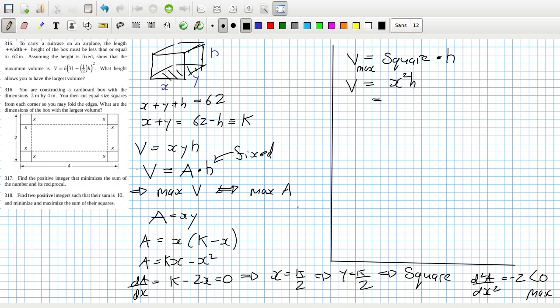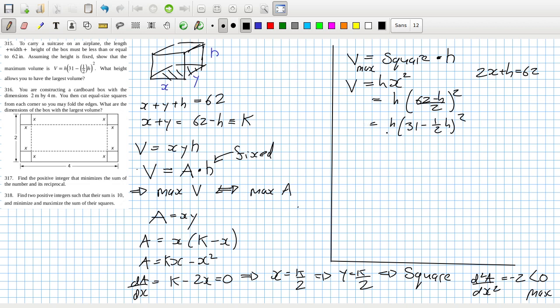So we have 2x plus h equals 62. So that would be, if I just put the h in front, h times x, and x is 62 minus h over 2, squared. So that would be h times 31 minus a half h, squared.